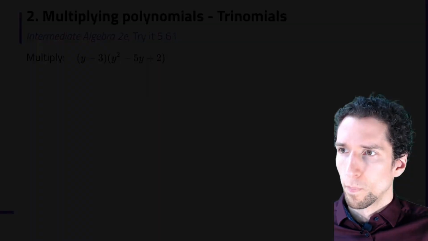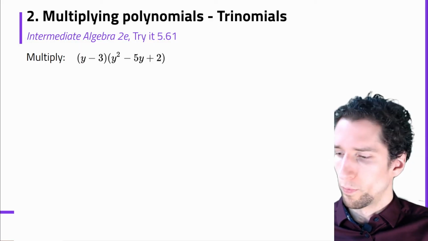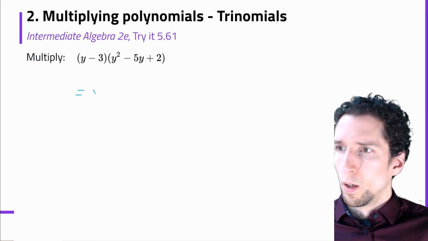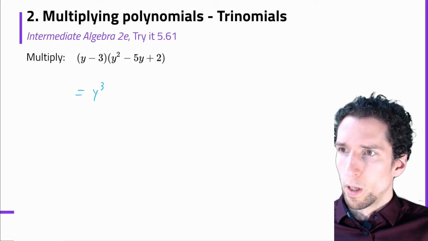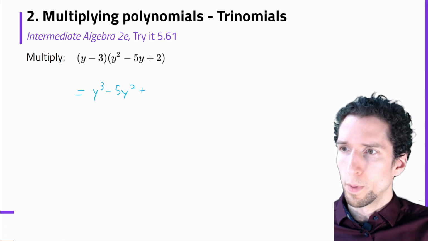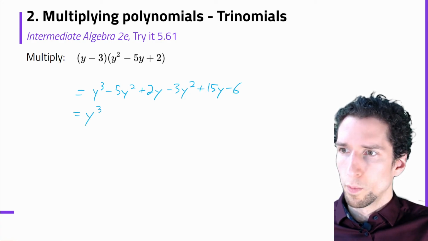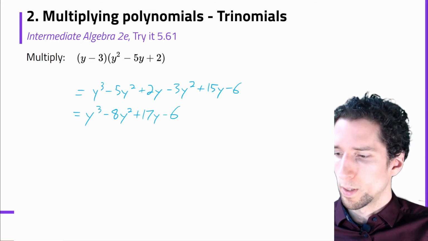Okay, so practice 1 for me first. Y cubed and minus 5y squared plus 2y minus 3y squared plus 15y minus 6. Y cubed minus 8y squared plus 17y minus 6.